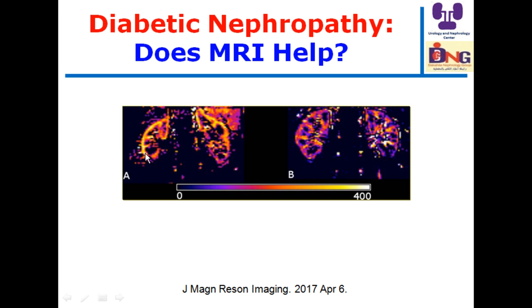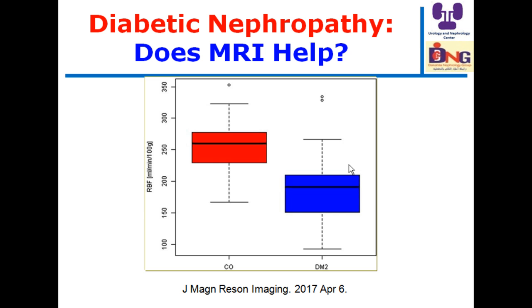Here, if you look at the normal control, even visually at this figure, comparing A versus B, there is diminished renal blood flow per 100 gram of renal tissue. And if you look here, in comparison to normal control, the diabetic patients, even if there is no clinically established diabetic nephropathy, have a reduction of renal blood flow, milliliters per minute per 100 gram of renal tissue.